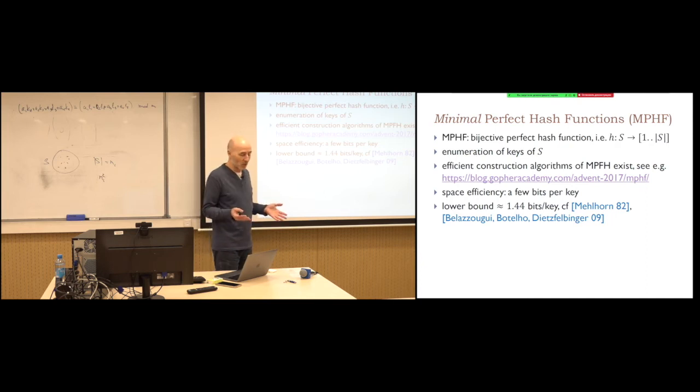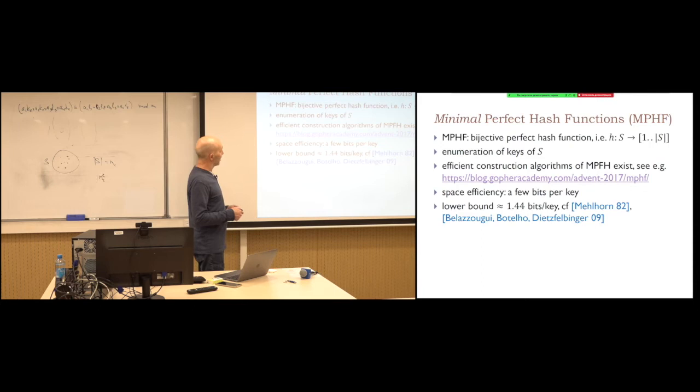Basically, this means that we enumerate our objects from 1 to n and store them in an array of size n. So it's basically a sort of enumeration of keys. But this construction is more complex. It requires more work and more effort, and this is something which is still ongoing. There is still ongoing research. You see that the papers here are pretty recent.